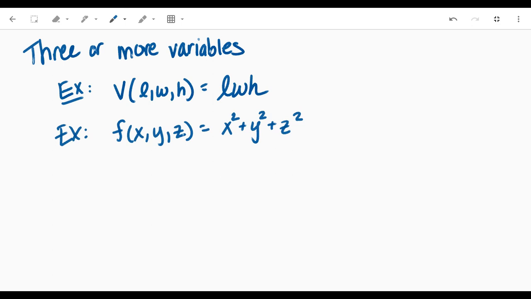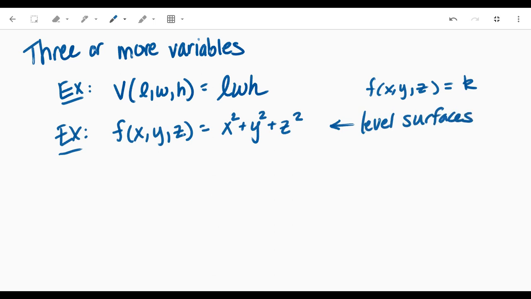You can graph some level surfaces for these, especially this one, because you know what that looks like. You could do f of x, y, z equals some constant, and that would give you the radius of a sphere. So this one actually has level surfaces, instead of level curves, and they would be concentric spheres.